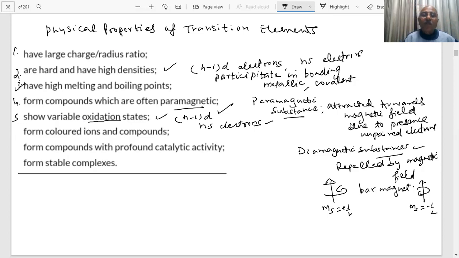Because of the participation of these orbitals, the transition metals can show a variety of oxidation states, variable oxidation states. That's a very important question which will be discussed when we show the oxidation states of the transition elements. So there is a great variety of oxidation states, students, starting from plus 2 to plus 7.